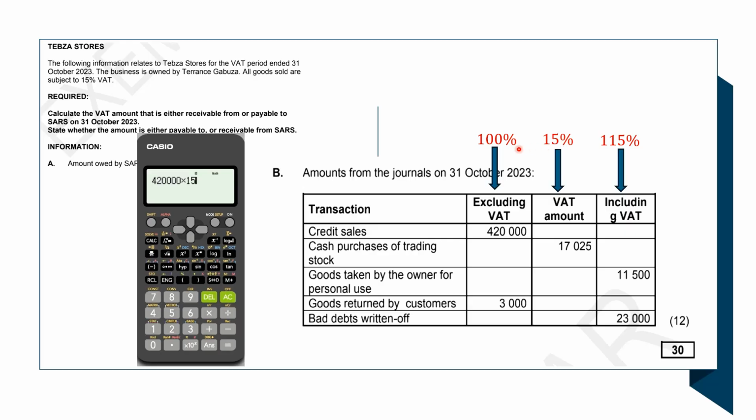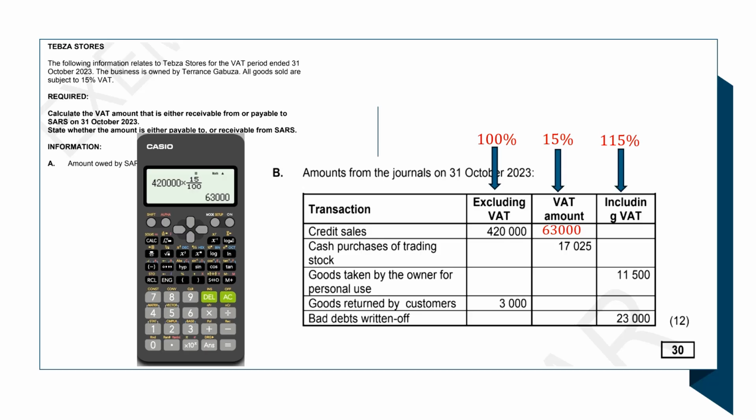So you say 15 over 100. That's the UK method: what you want is the 15%, what you have is the 100%. So we say 15 over 100. We get 63,000, which is the amount that's going to come here.